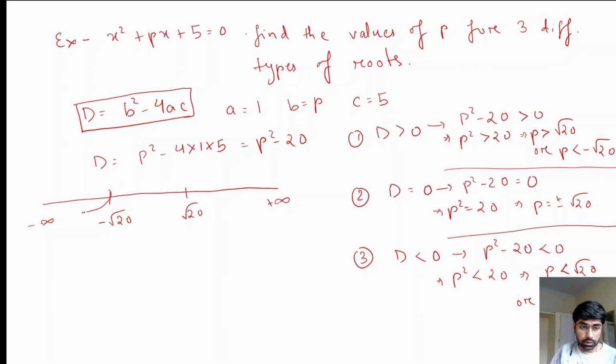This outer region represents that if p belongs to this part, then we will have real and distinct roots. The second one is p equals plus minus root 20, meaning at these two points exactly, we will get real and equal roots. And in between these two points, the discriminant is less than 0 and the roots are imaginary.